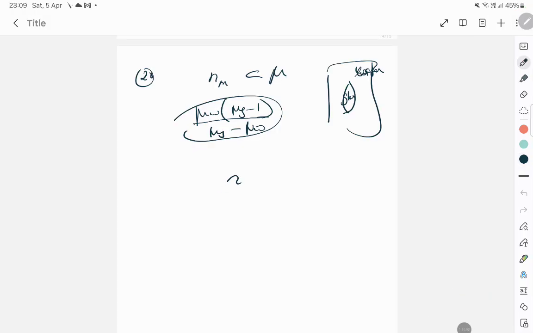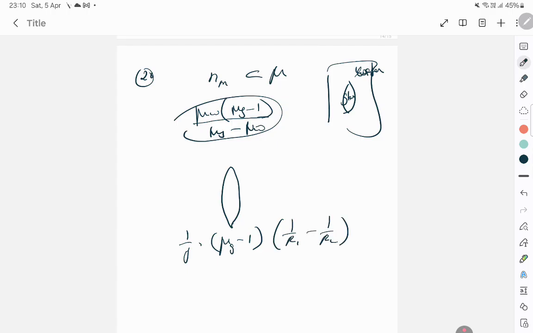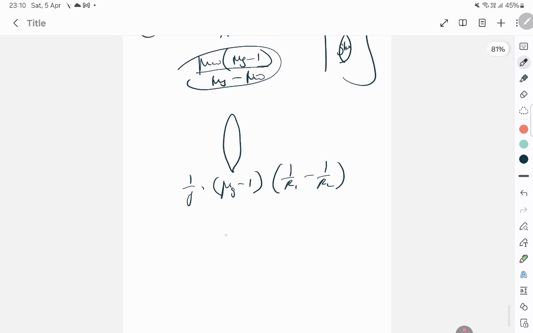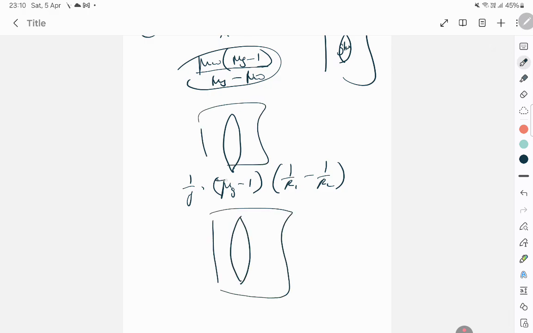Supposing I have a lens in air. In that case I know 1 by f is equal to mu minus 1 into 1 by r1 minus 1 by r2, where mu is of glass. This is with respect to air. But I'm now going to place the glass in, say, water, which is a rarer medium.